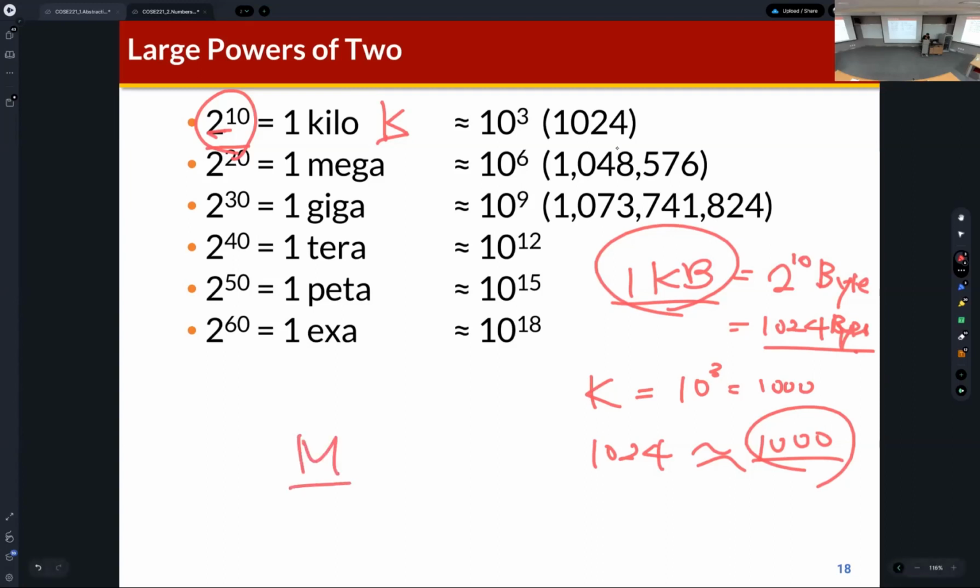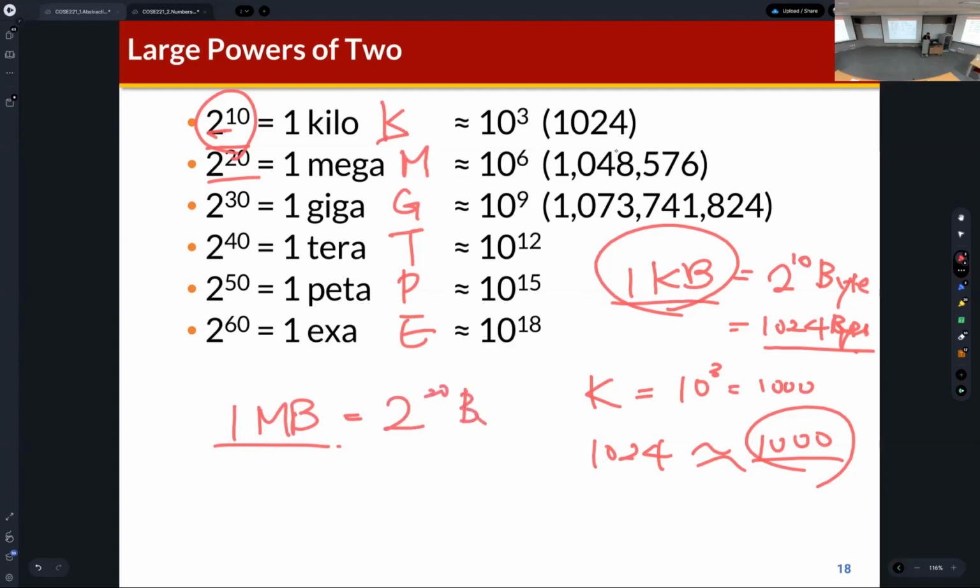Then mega means 10 to the power of 6 in the decimal number system, but in the binary number system, 1 mega represents 2 to the power of 20. So it's mega, giga, tera, then peta, exa. If you see 1 megabyte, you can easily know this is 2 to the 20 bytes.